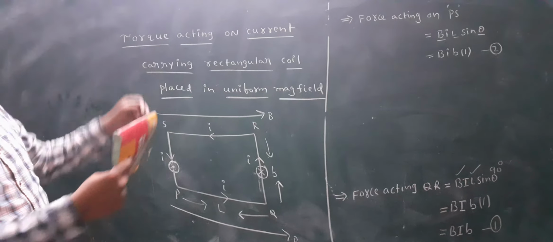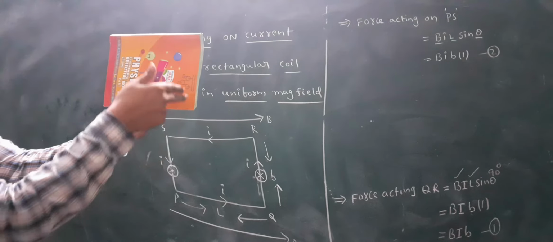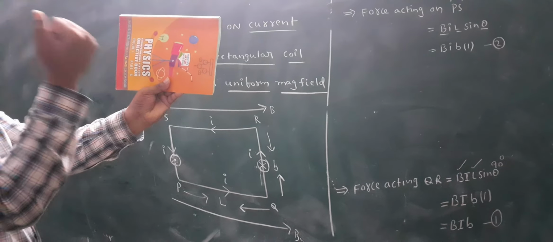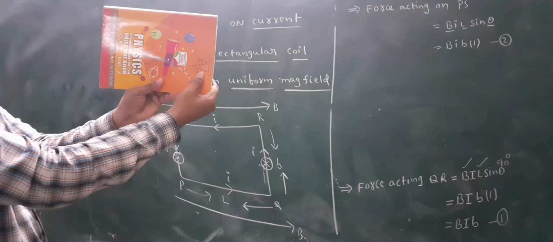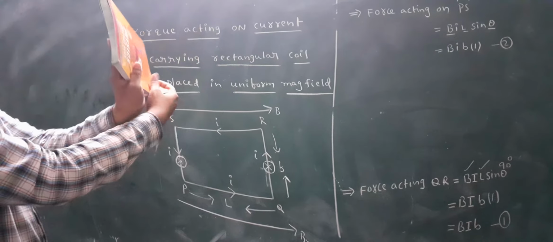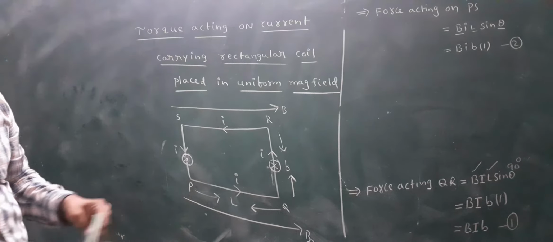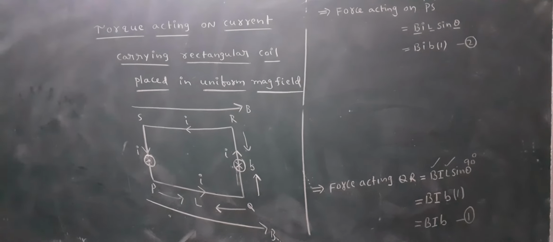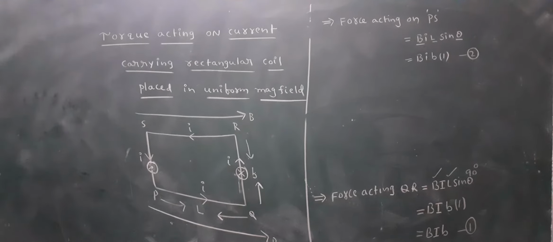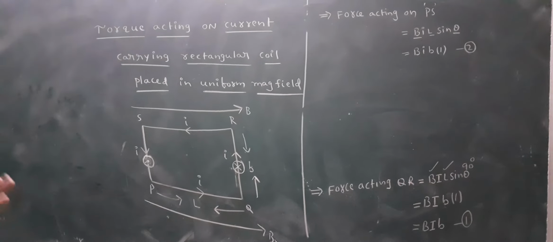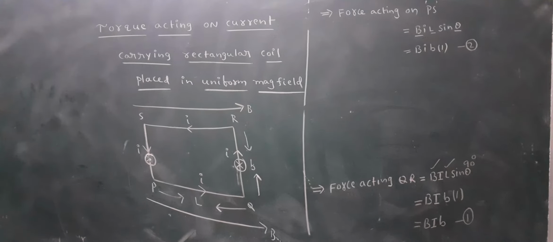Once again I repeat, because of the applied forces, the coil turns. This turning effect of the force is called torque. Simply, a torque acts on the coil.